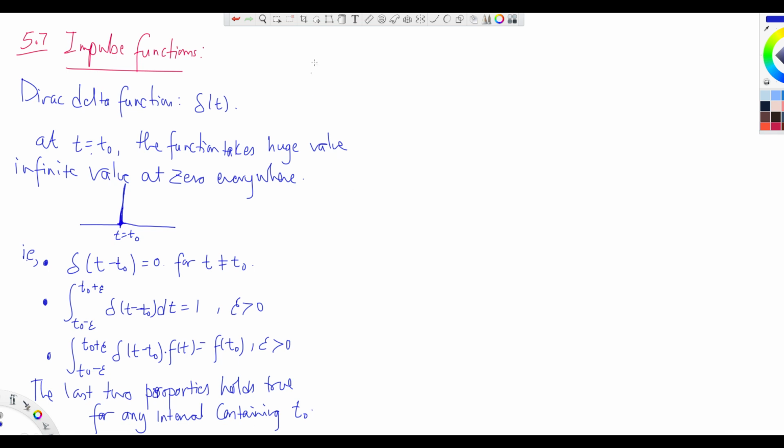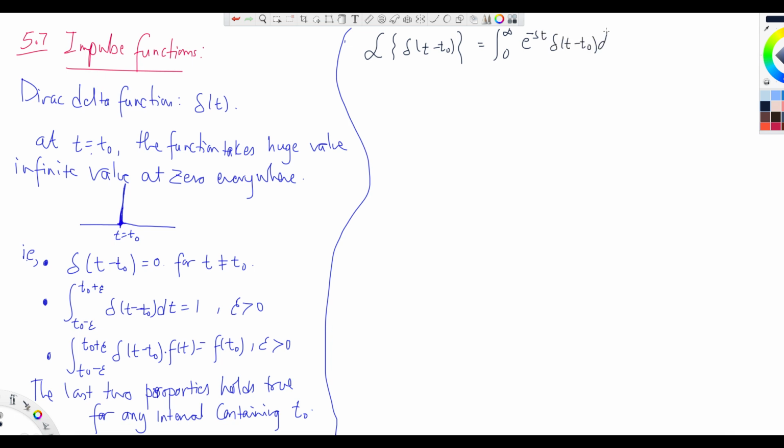Now how do I find the Laplace transform of the delta function? You write the Laplace transform of delta(t minus t0), which is the integral from 0 to infinity of e to the negative st times delta(t minus t0) dt.